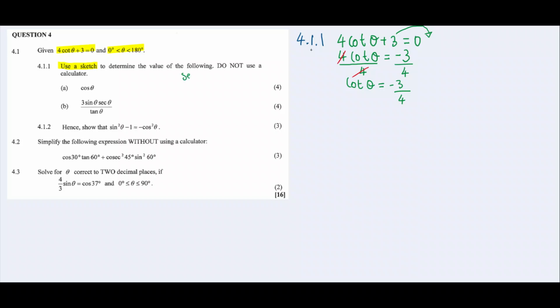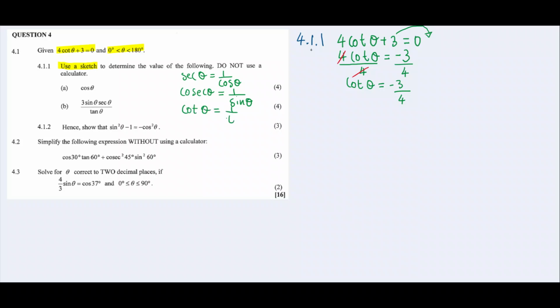We talked about the reciprocals, right? I said to you guys that the reciprocals here: sec theta will be 1/cos theta, and tan theta, and cosec theta is going to be 1/sine theta.